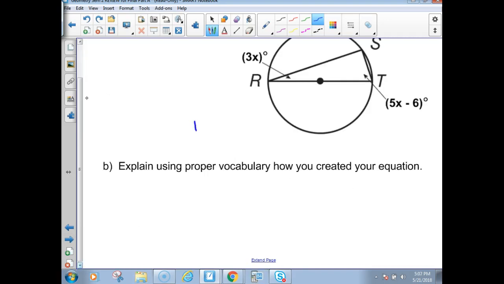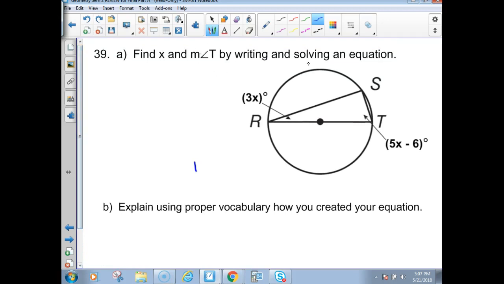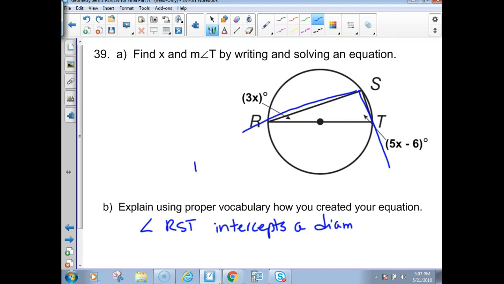Okay, this problem says find x and the measure of angle t by writing and solving an equation. Use proper vocabulary, explain how we created it. Well, angle RST intercepts a diameter or half a circle, and the angle is therefore a right angle.